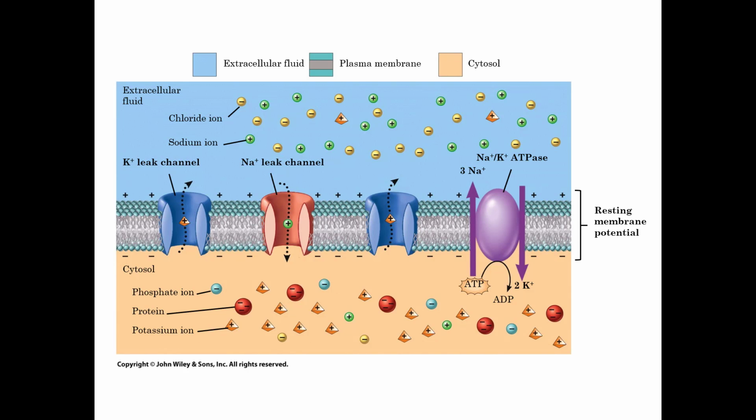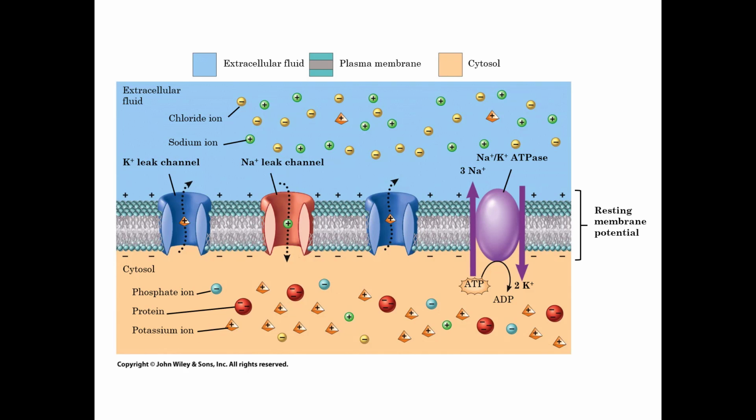It's a little bit tricky because we're only moving positive ions, which is kind of weird. But we're going to end up moving more positive ions out of the cell, and fewer positive ions into the cell. So we're just going to accumulate more positivity outside the cell membrane, which means that the inside is going to have less positivity. It's going to be more negative.